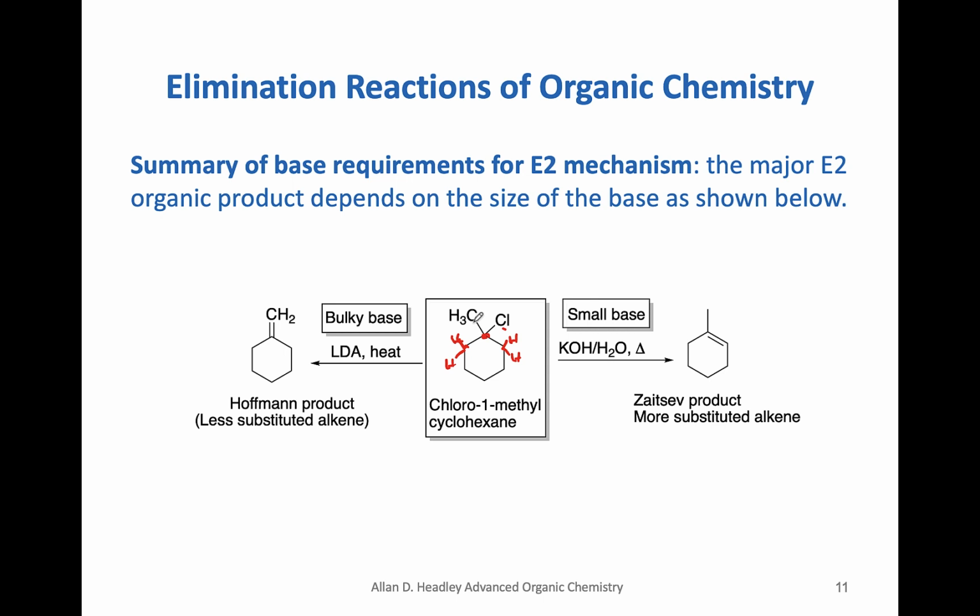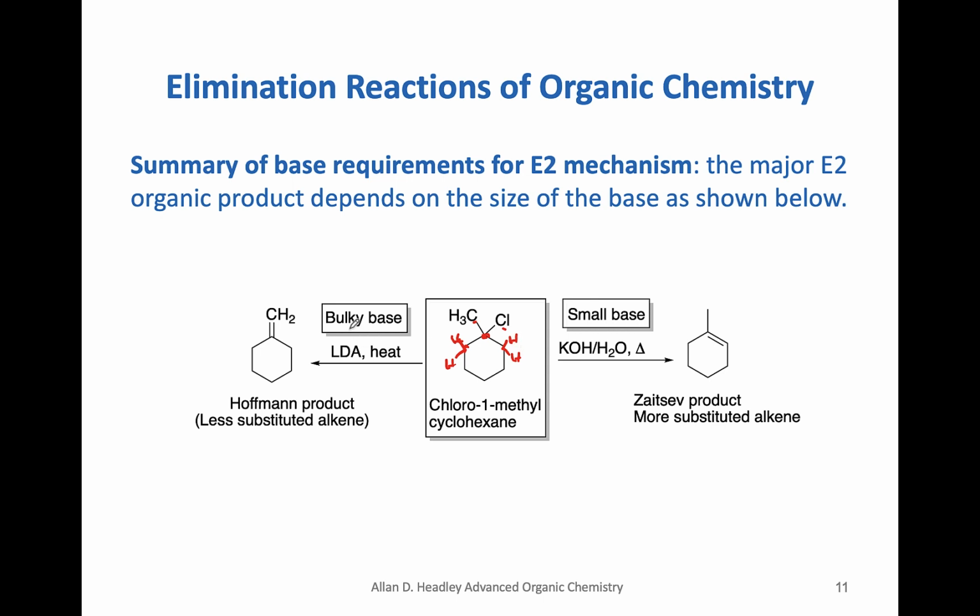Notice there's another carbon here with 3 hydrogens. So these hydrogens are more accessible compared to these hydrogens. I hope you can see that these 2 carbons here are in fact equivalent, which means that these 2 hydrogens are equivalent to these 2 hydrogens here.